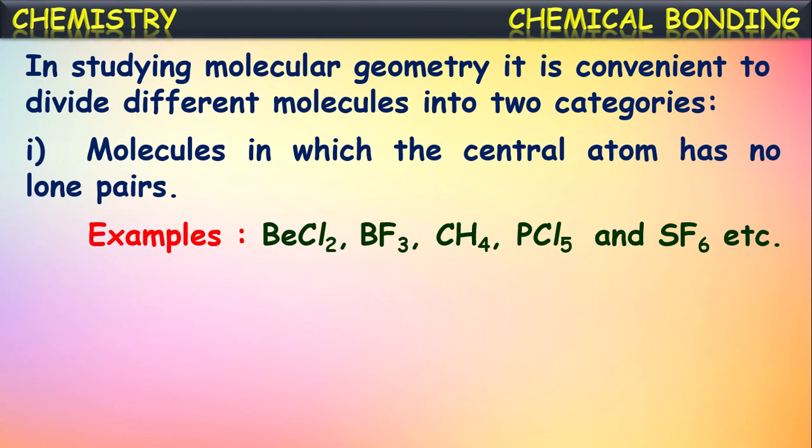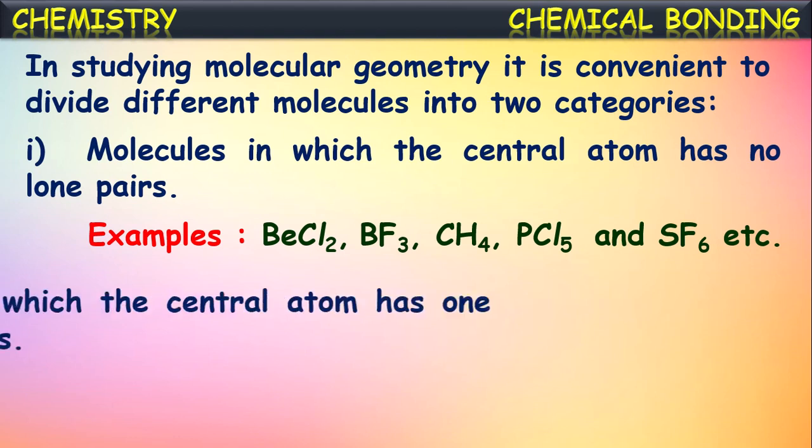You can see the remaining molecules also, like methane, CH4, PCl5 and SF6. In all these molecules, the central atoms have only bond pairs of electrons but no lone pairs. So let us categorize all these molecules as one kind.